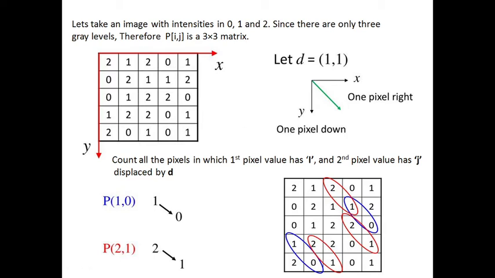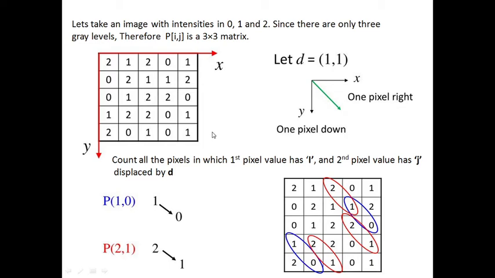What is this n? This n is the number of gray levels present in the image. By seeing it I can tell there are 3 different intensity levels present in the image, so the size of the GLCM will be a 3 cross 3 square matrix.